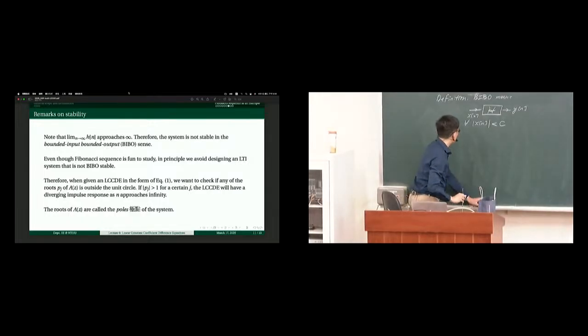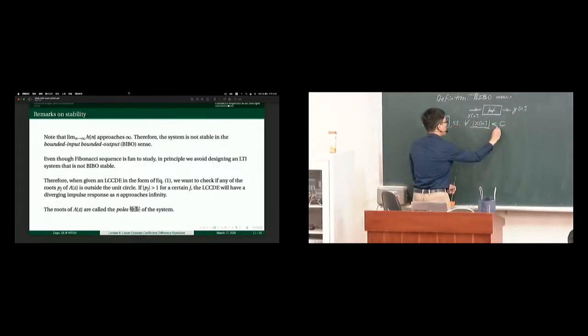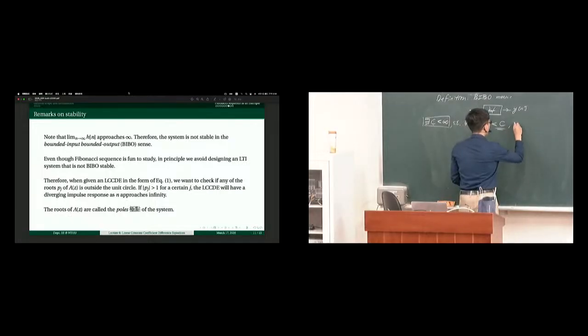there exists a finite constant such that for any input signal bounded with this upper limit, the output is also bounded.